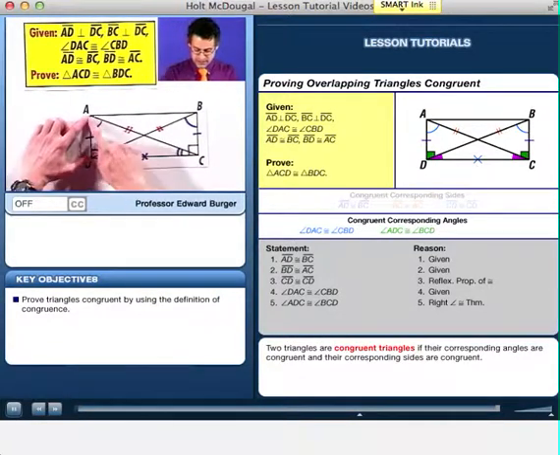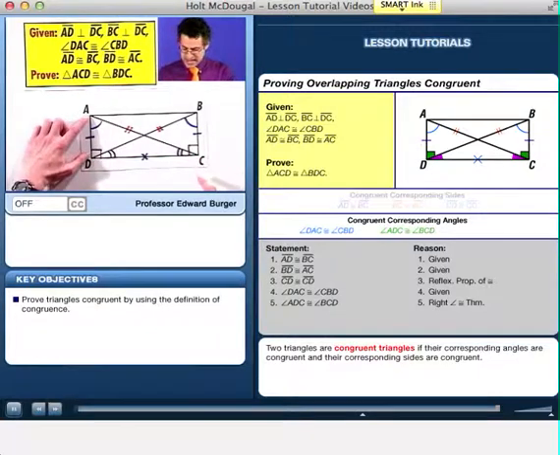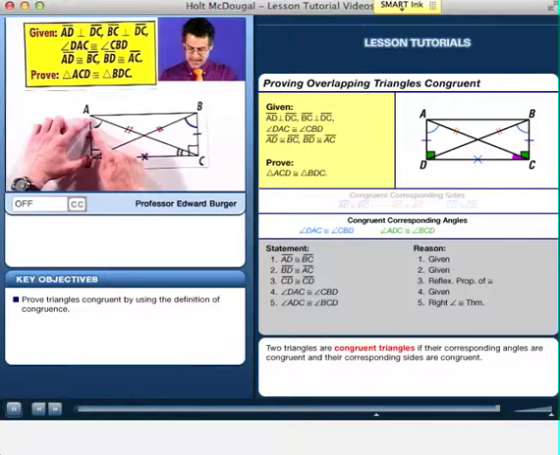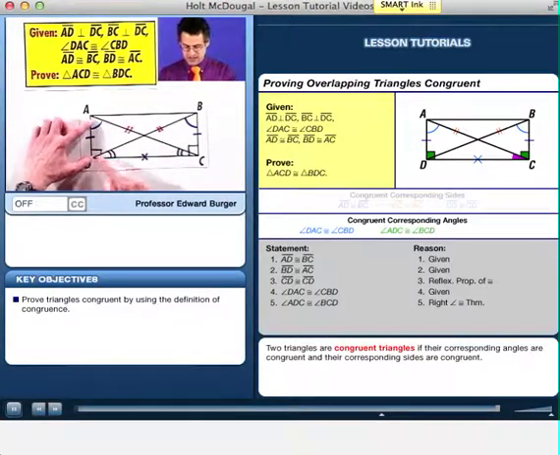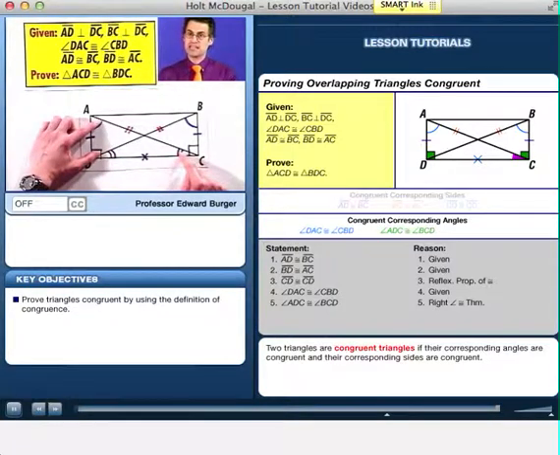Well, let's look at it really carefully. If we look at triangle ACD, what we know is that the sum of the measures of those angles will equal 180 degrees. Now, we know that this angle here is the blue one, and this green one is 90 degrees. So if I add up those two measures, I can find the purple by taking 180 and subtracting off the sum of those two measures.